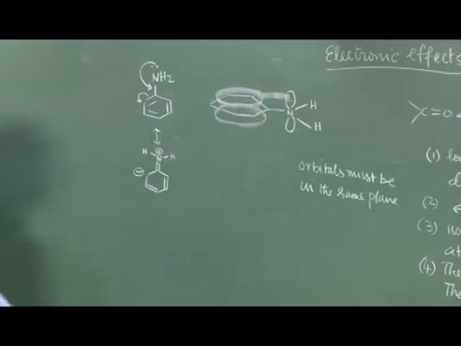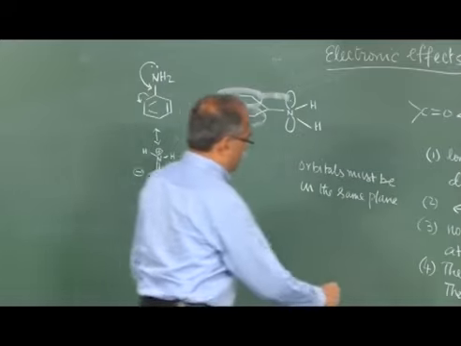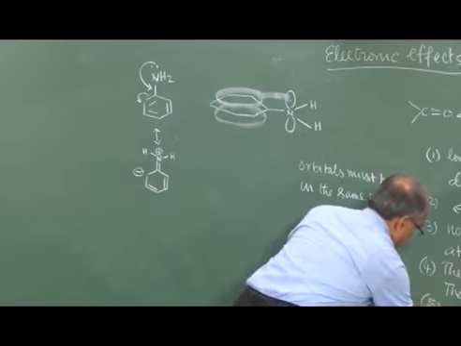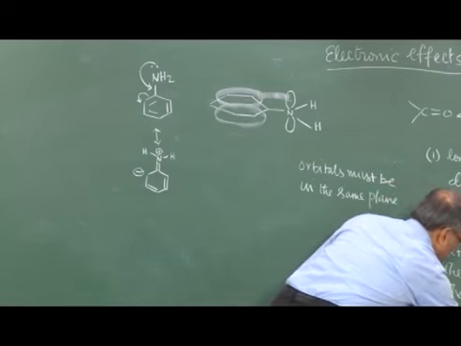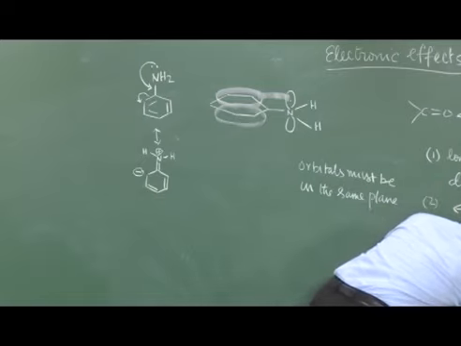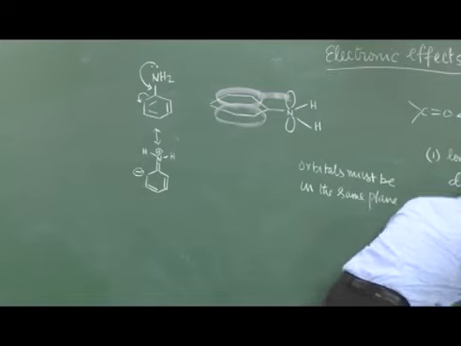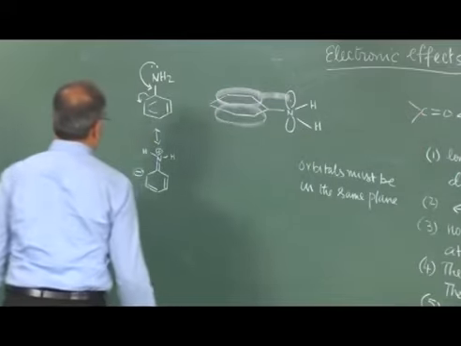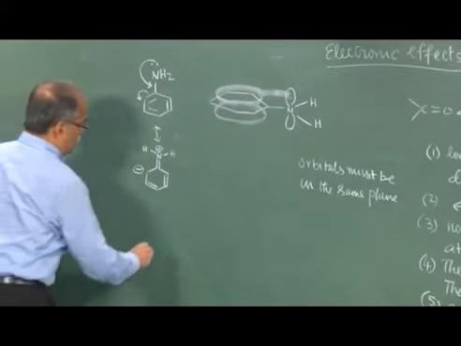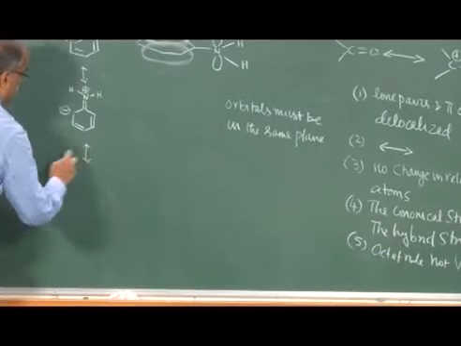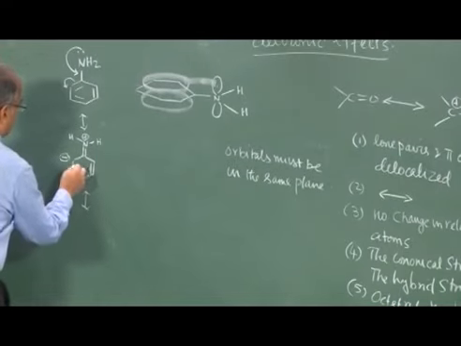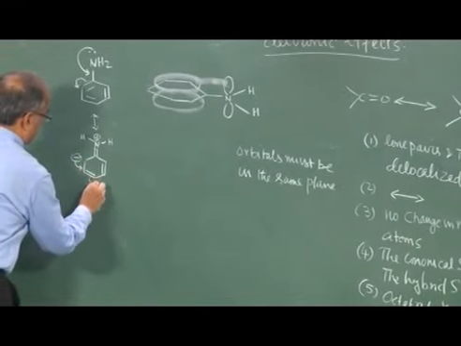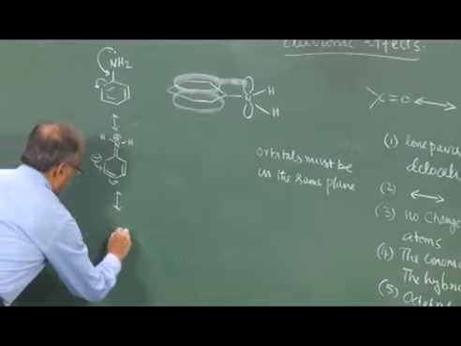We are not violating any octet structure here, please follow that rule also carefully. So, the fifth point here is the octet rule is not violated. So, this is one of the resonance structures of aniline. One can also delocalize this structure in this particular manner.